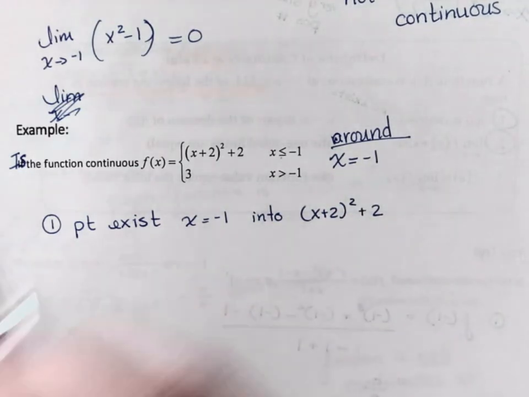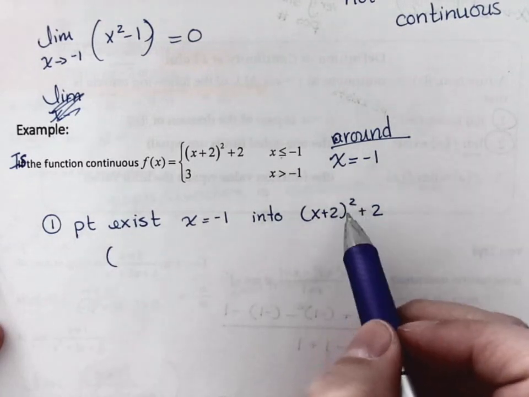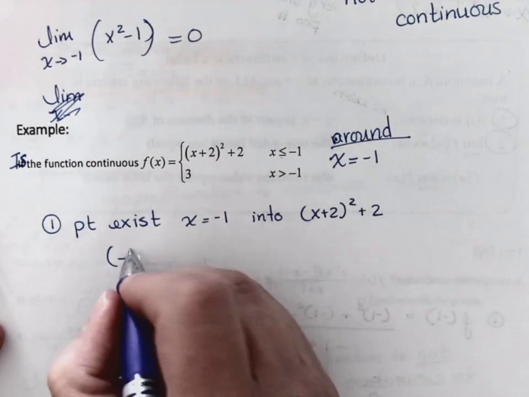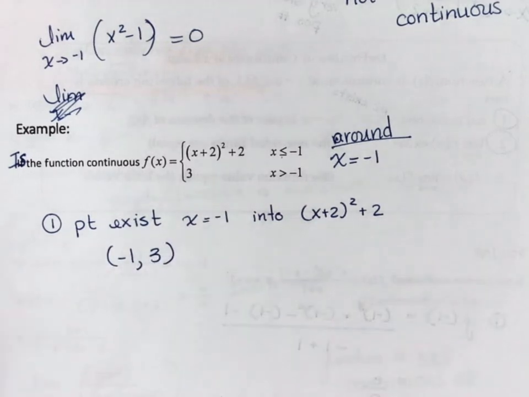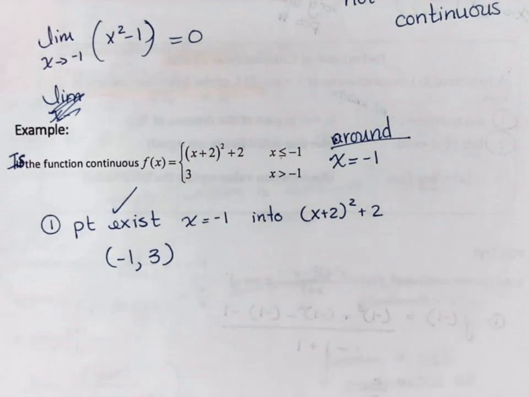Does it work? It does. So that's going to be -1 squared, so that'll be 1, plus 2, which is 3. So the point exists.